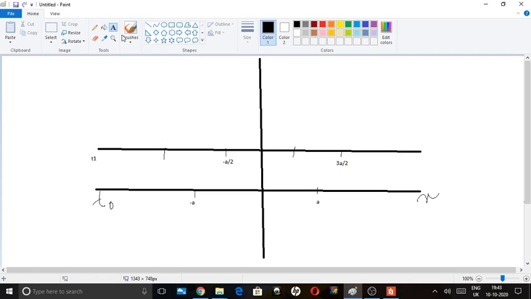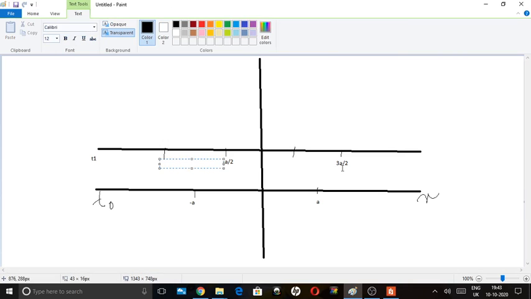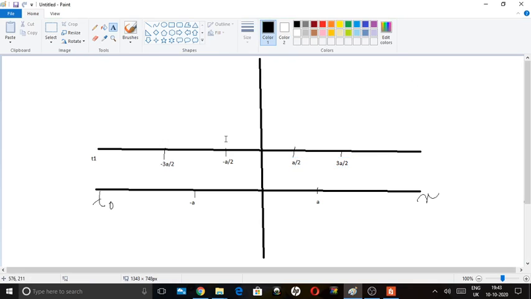So the support of f of x minus a by 2 is minus a by 2 to 3a by 2, and the support of f of x plus a by 2 is minus 3a by 2 to a by 2.